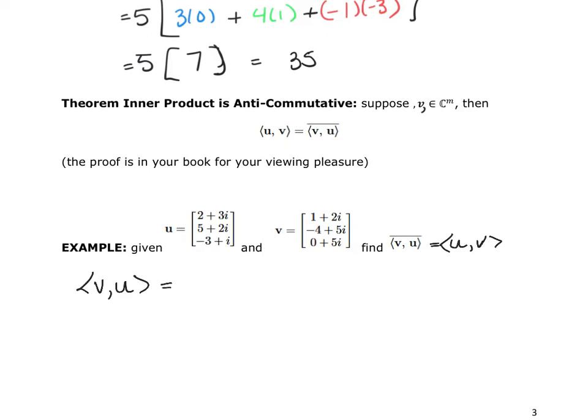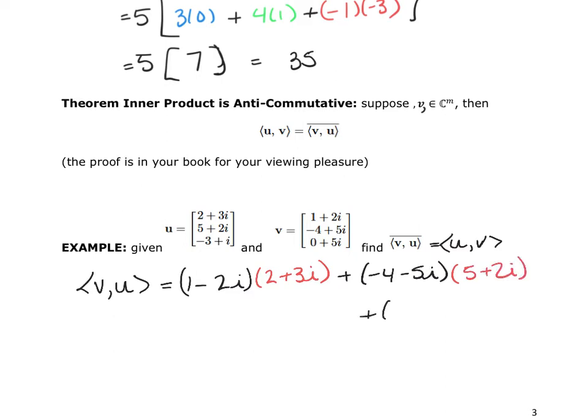So now it's going to be 1 minus 2i, multiplied by 2 plus 3i. And then plus the negative 4 minus 5i, multiplied by 5 plus 2i.